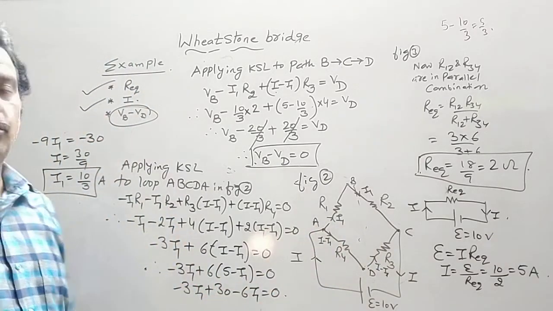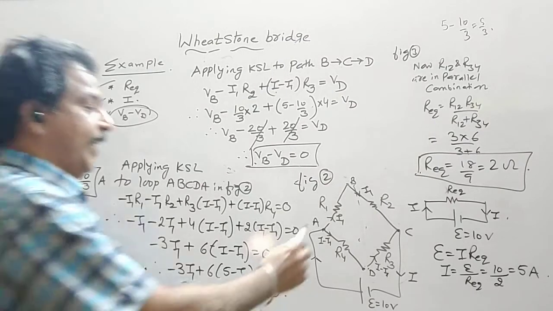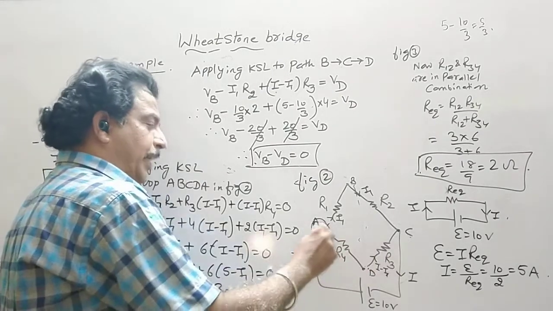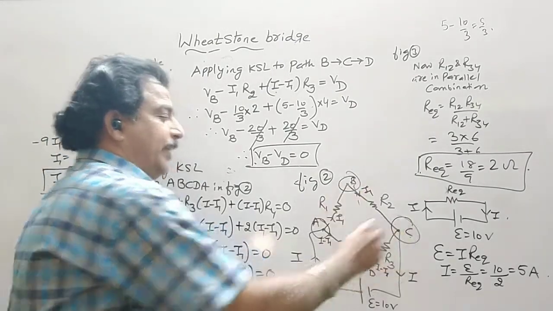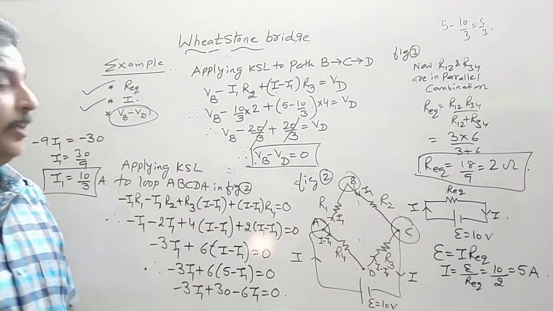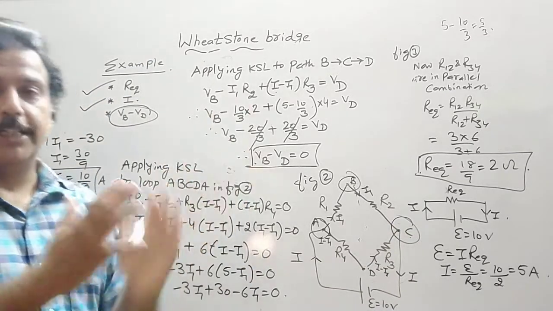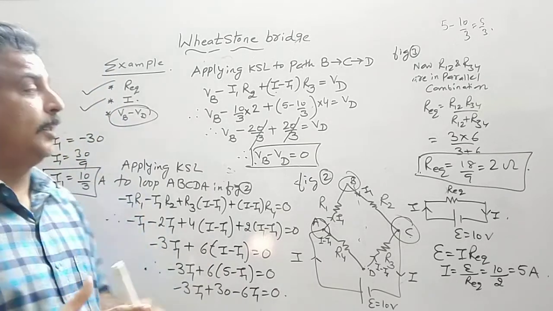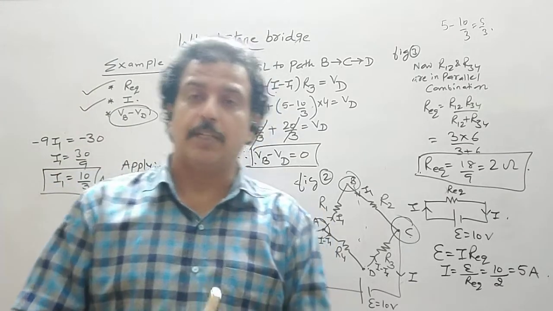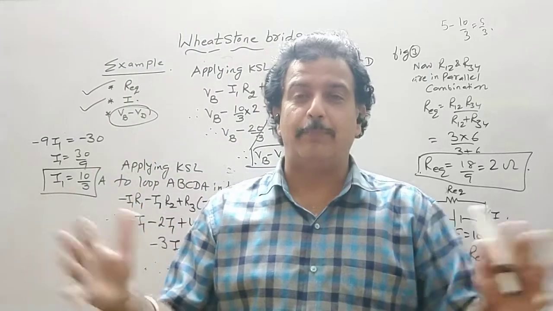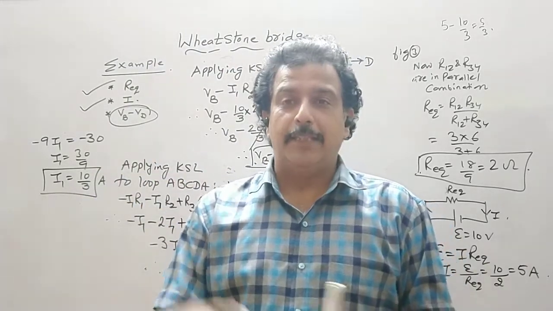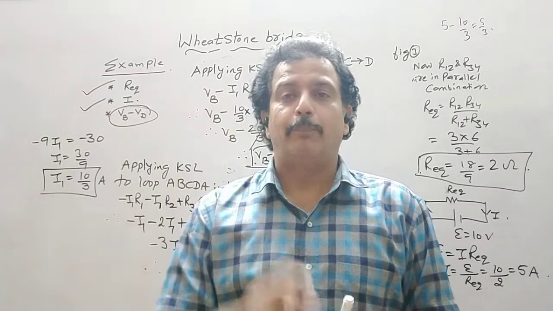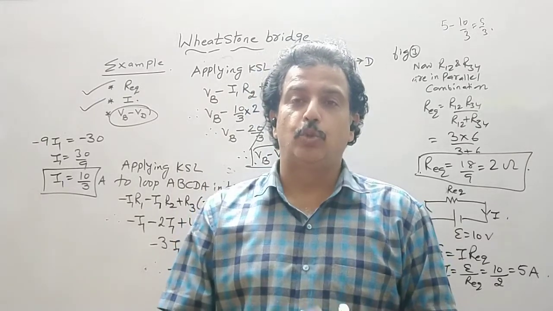If I have to find the potential difference between point A and C, then I start from A, B and I stop at C. You can find the potential difference using Kirchhoff's second law for a path also. It is not necessary that you always apply Kirchhoff's second law to a closed loop. You can apply it to a path, and that path will give you the potential difference between the two points.